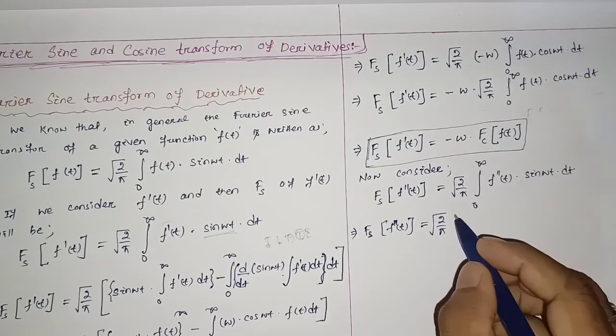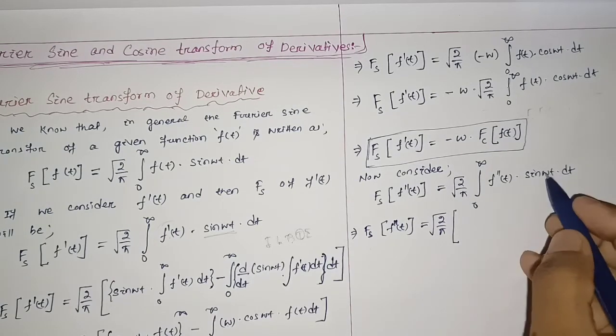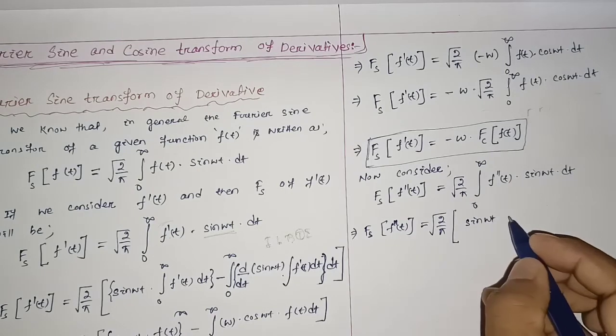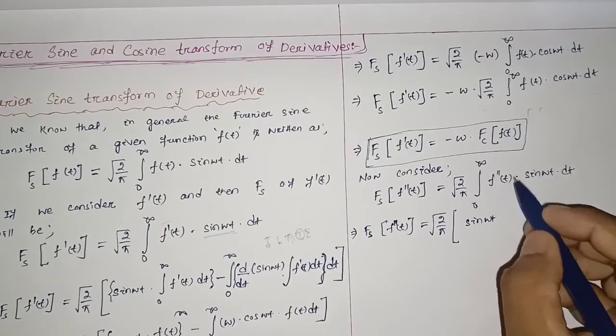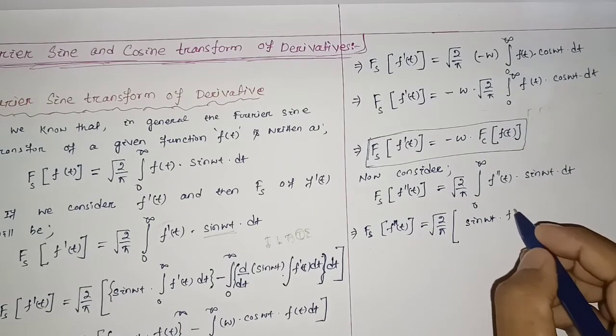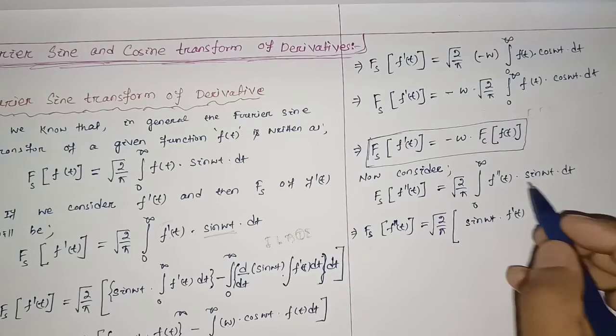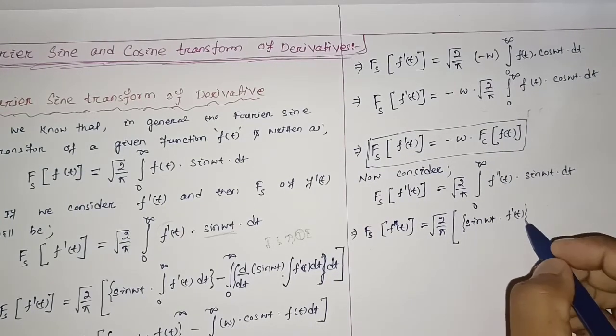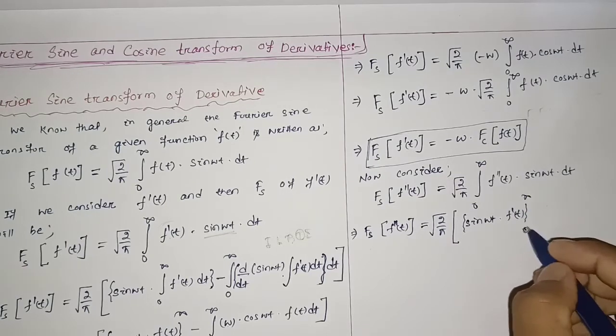This is the first function, and then the integration of this one, directly I am writing, will be f dash t, because double dash is there, so integrating with respect to t, one dash will be removed, from 0 to infinity.